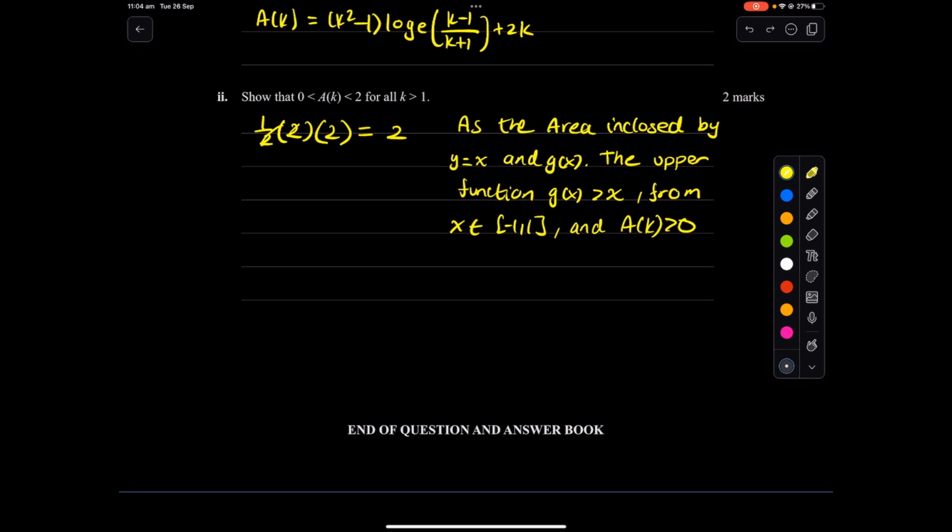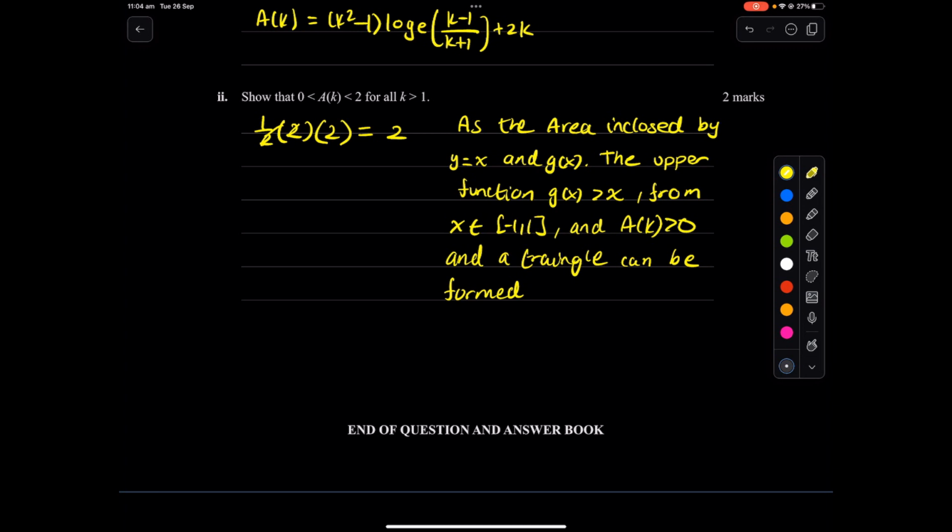And a triangle can be formed. So as the area enclosed by y equals x and g of x, the upper function g of x is greater than x for x from -1 to 1, and A of k is greater than 0.